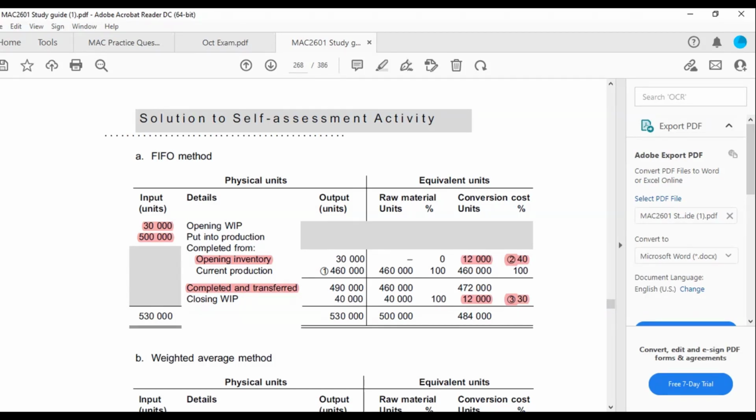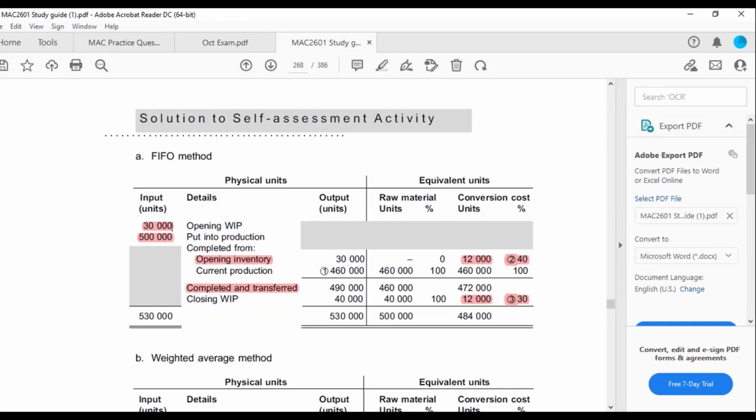So that's FIFO, first in, first out, apply the rules. The rules that we have is that when using the first in, first out valuation method, when it comes to completed units, we split between opening inventory and current production. And the current production is the balancing figure. For that current production, raw material is 100% complete, conversion will be 100% complete.